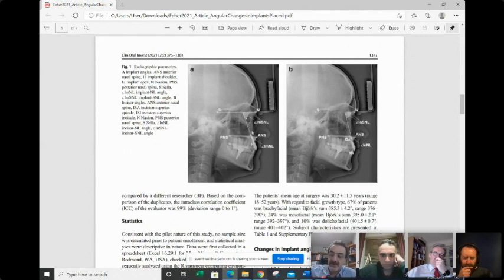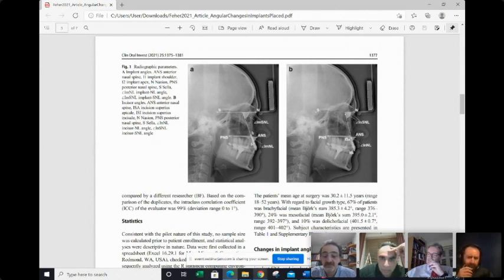The findings from the study were interesting. After a mean follow-up of 8.5 years, 81% of the implants placed in the anterior maxilla showed some rotational changes, ranging from 3 degrees clockwise to 3 degrees counterclockwise, coming out to 4 degrees clockwise, with the SNL angle.